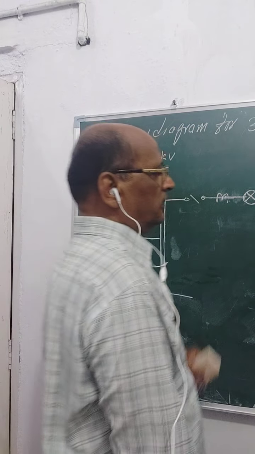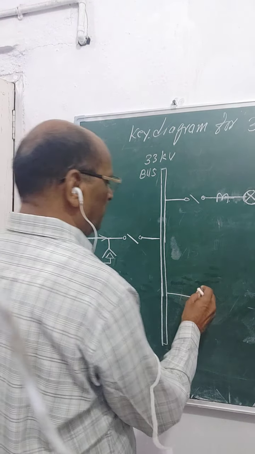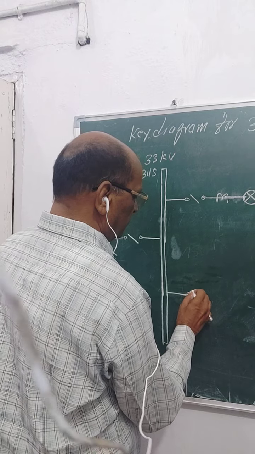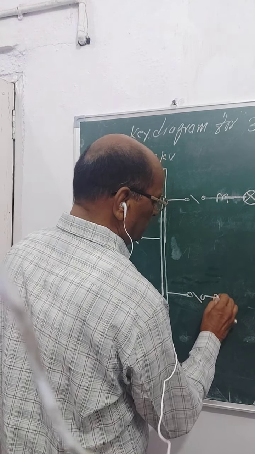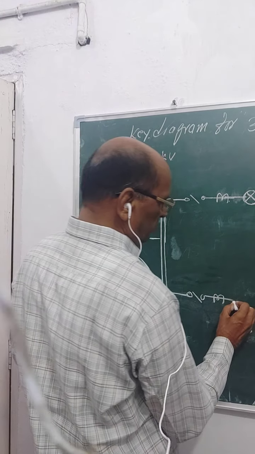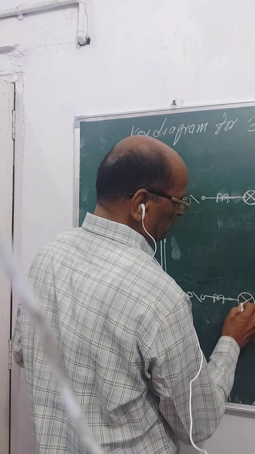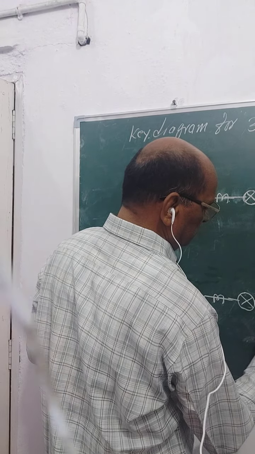Similarly, for the second transformer, we have similar connections: CT, then breaker, then a lightning arrestor.